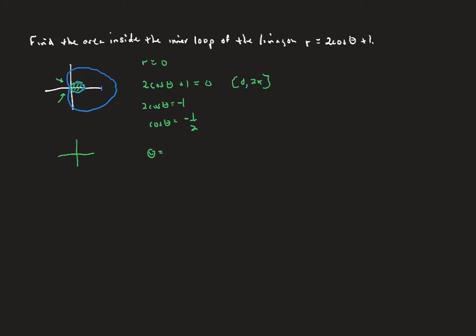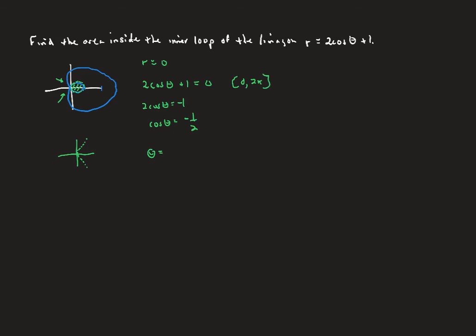So at pi over 3 is where r is first going to be 0, and the other angle, down here, is at 4 pi over 3.